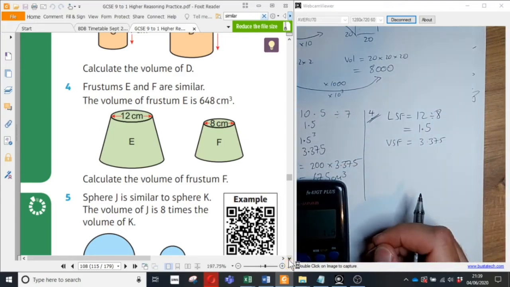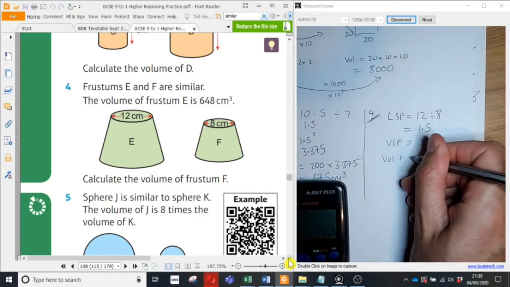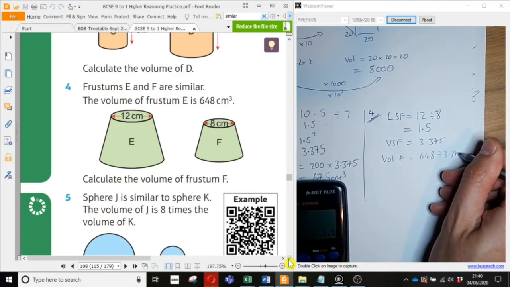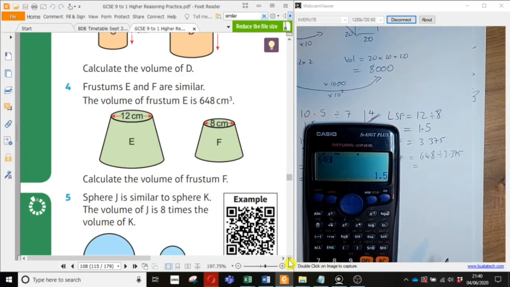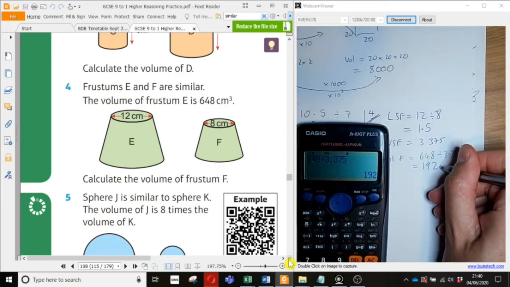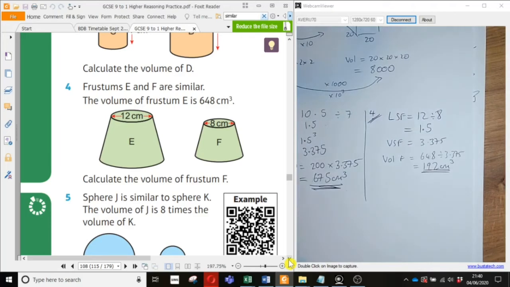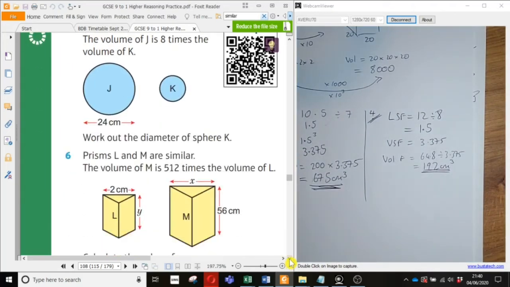So to get the volume of F, the smaller one, vol F is going to be 648 divided by 3.375, because it's the smaller volume. If you think about what you're doing, you'll always know whether you should divide or multiply, because if I multiplied, I'd get a bigger volume, and that just wouldn't make any sense. There's the answer.